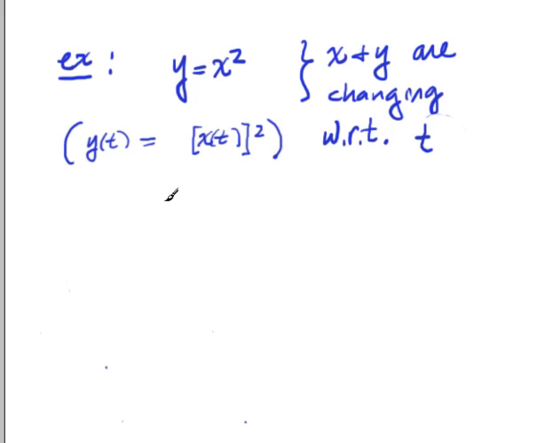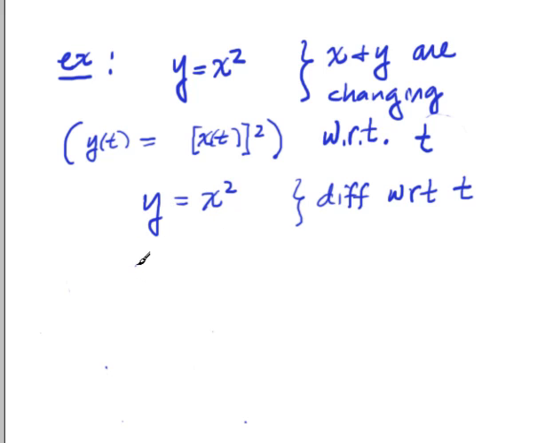All right, so differentiating both sides, that's what we want to do now. We want to differentiate with respect to t, even though t does not appear in this relationship.